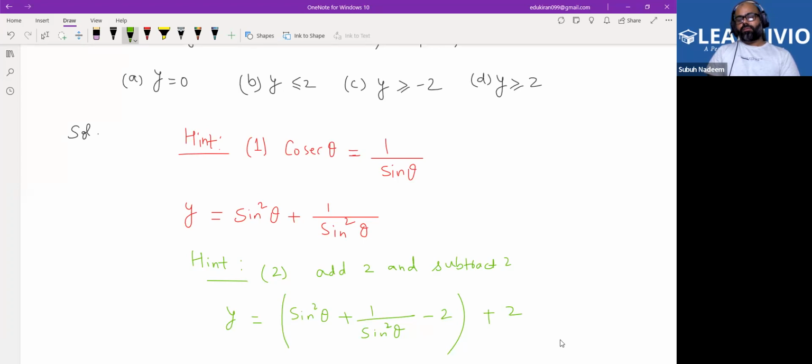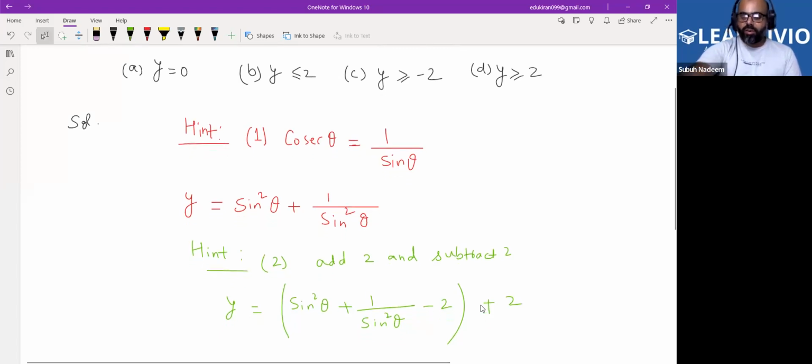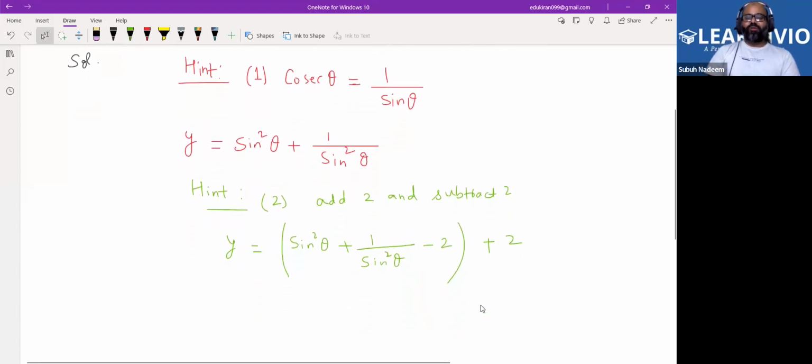So now do we take LCM inside the brackets? No, we don't take LCM. We'll apply an identity. I'm giving you hint 3. After this, I will not give any. There is nothing more left to give.